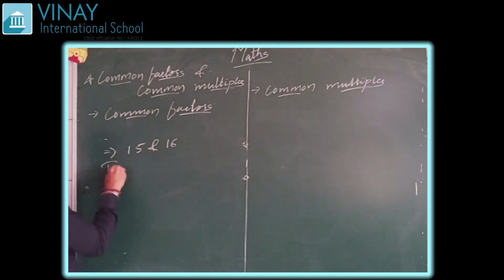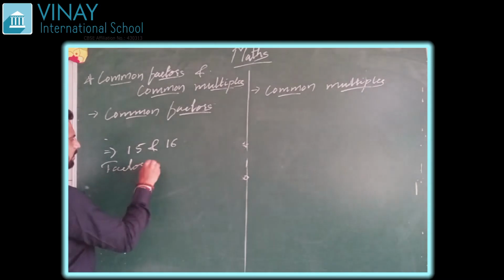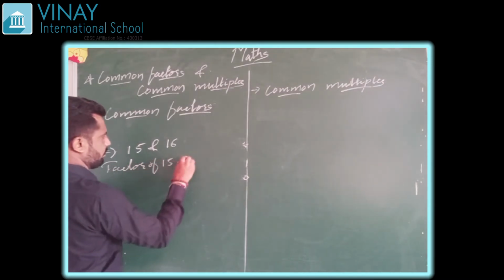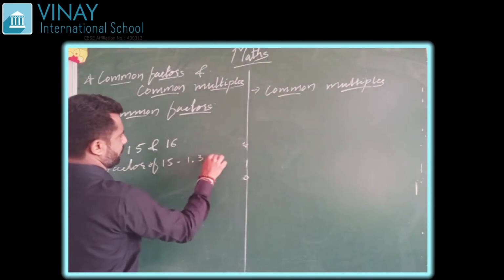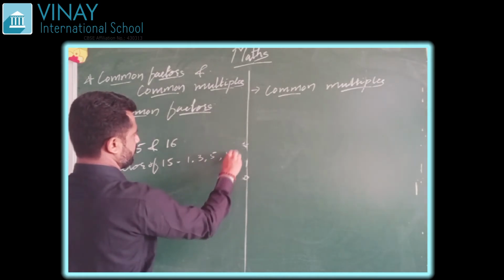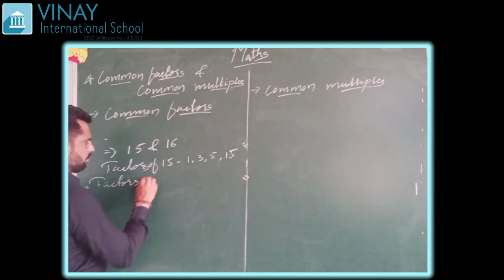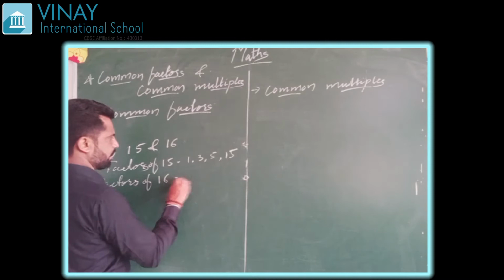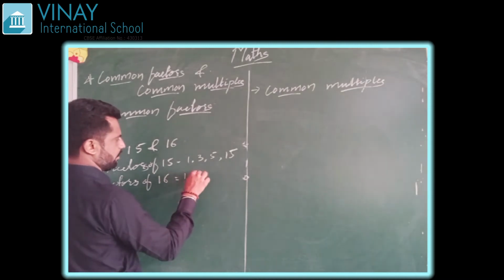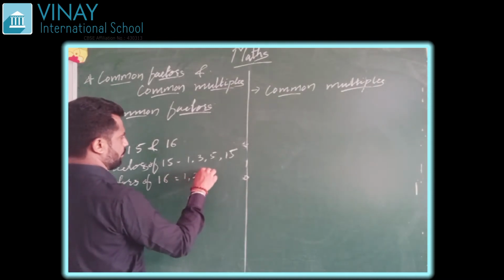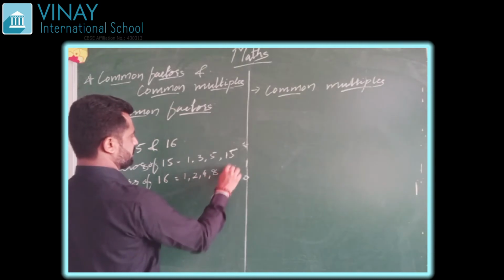Factors of 15 are 1, 3, 5 and 15. Factors of 16 are 1, 2, 4, 8, 16.